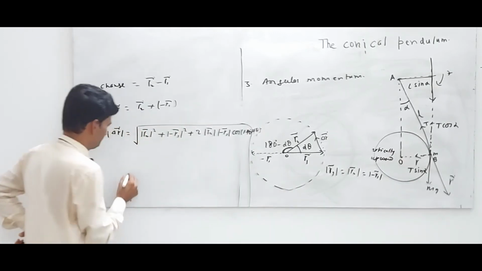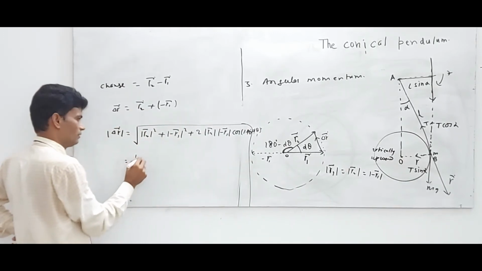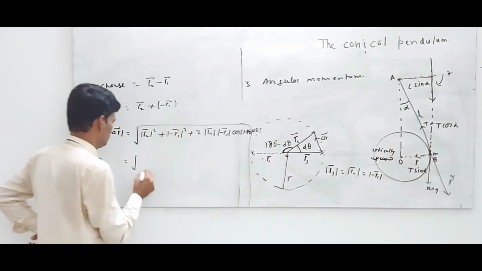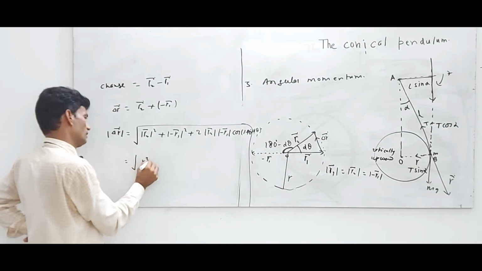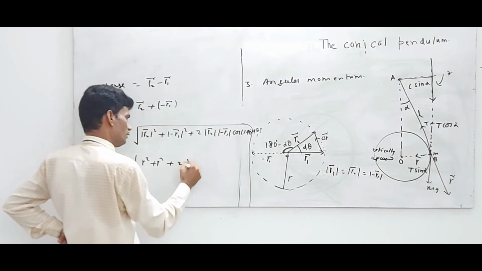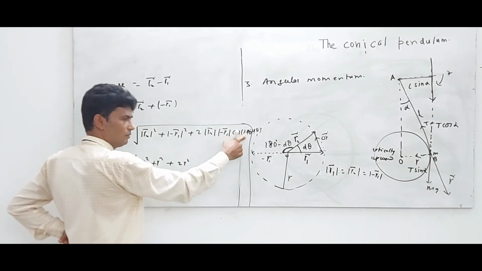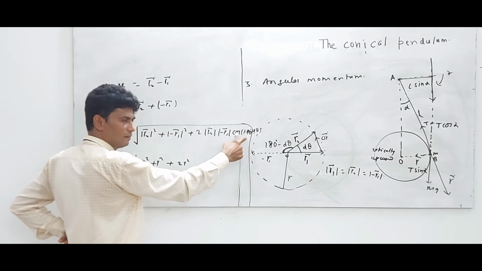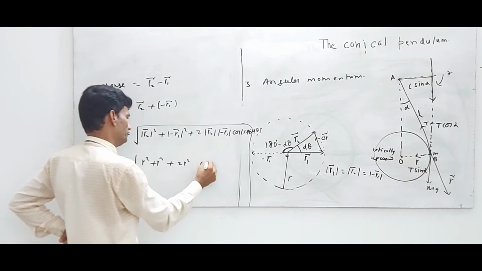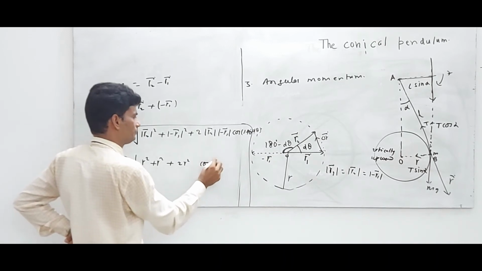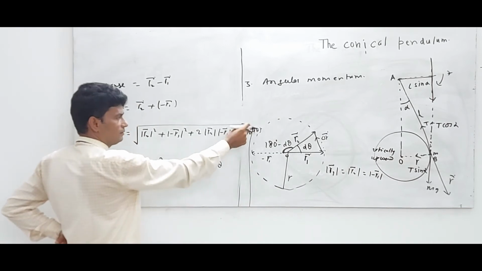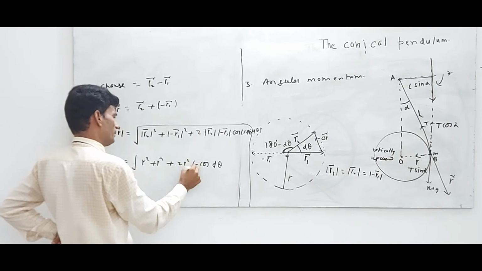Say this is the radius of the circle, a small r. So this is r square plus twice r square, and cos of 180 degrees minus d theta gives minus cos d theta, since this is in the second quadrant, so put the minus sign here.